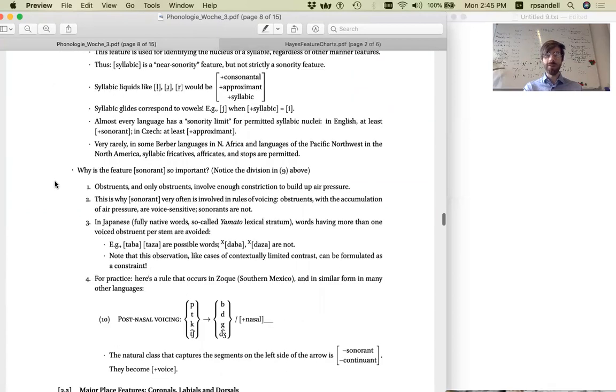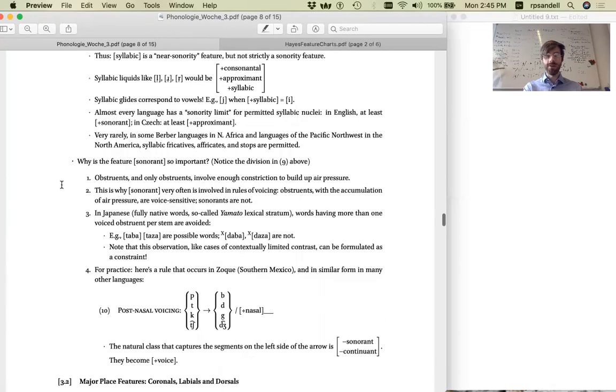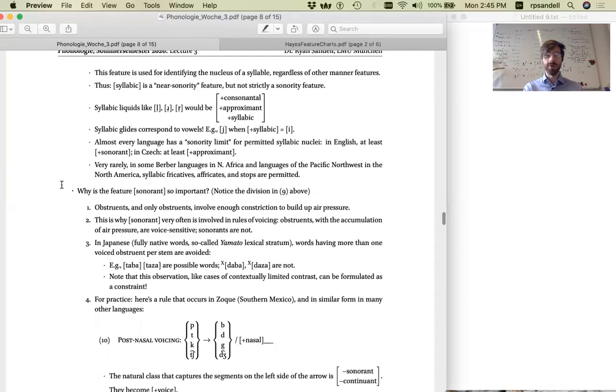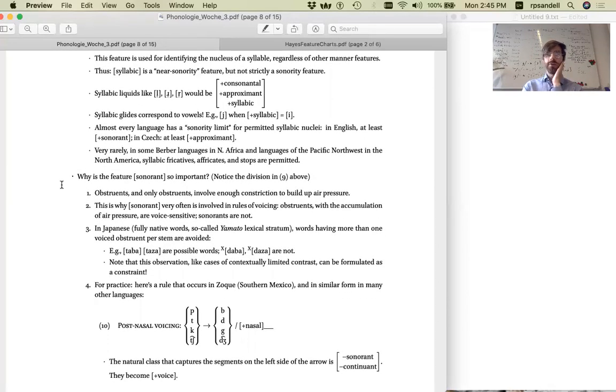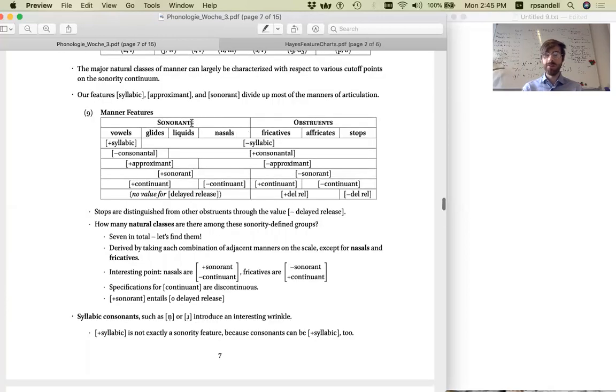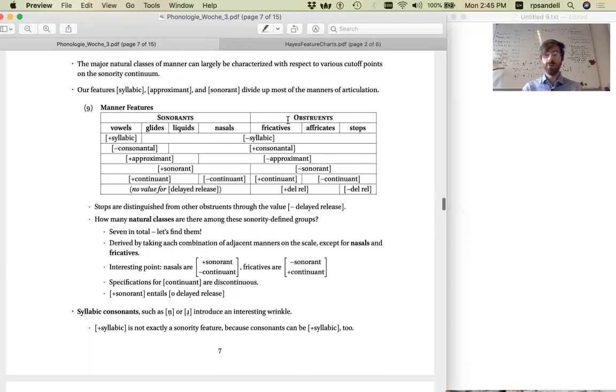Let's say something further about the feature sonorant before we take a short break to close up our discussion of manner features. The feature sonorant is really important. Remember, it makes this very strong division between so-called sonorants and so-called obstruents.